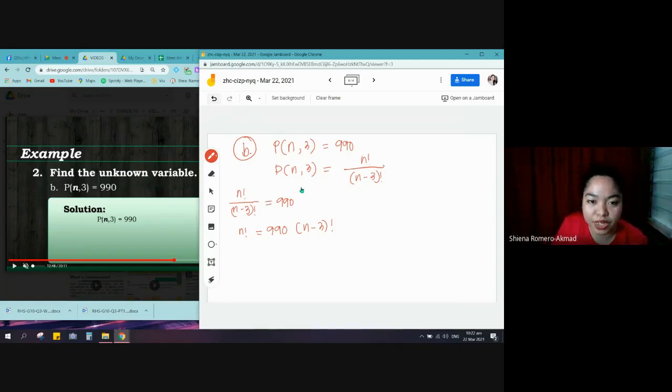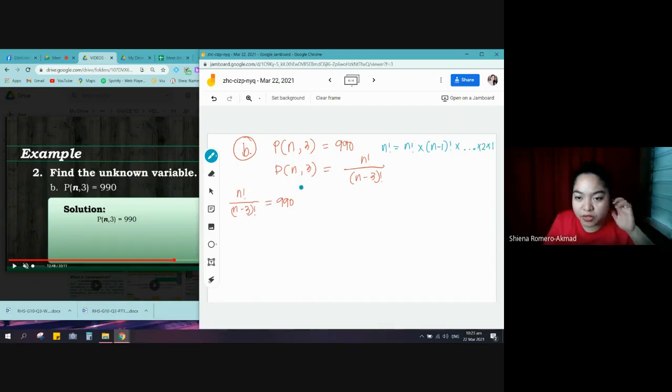I know, we cannot do that. Naalala nyo how we express n factorial? How do we express n factorial when it comes to factorial? We can express that as n times n minus 1 times n minus 2, until we get to 2 and then 1.